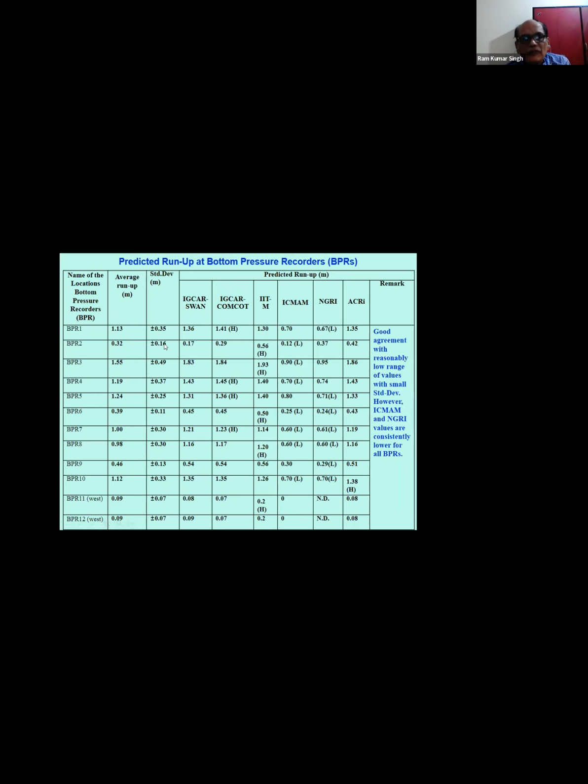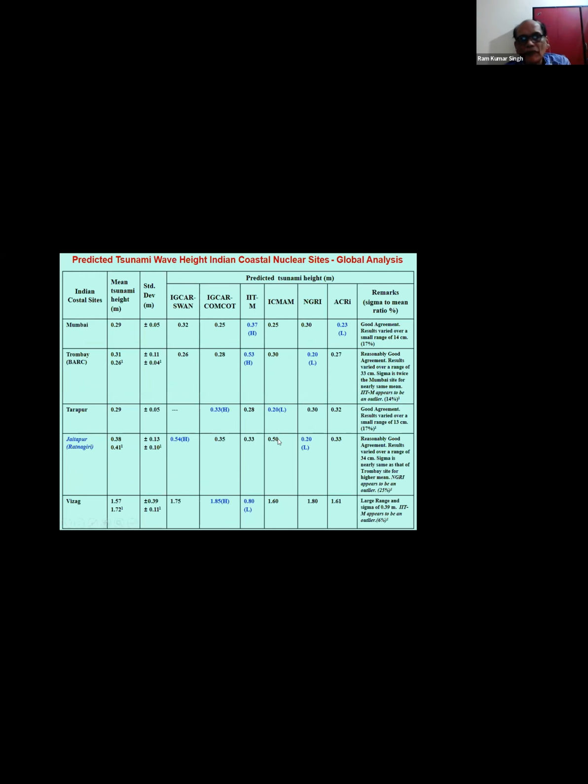And you see that in most of the cases, the average run-up predicted by various participants and as observed during the measurement were in agreement. And the ratio of the standard deviation to the average run-up was also reasonable, in most of the cases. Sometimes we also had to do some filtering, because some outliers were there, so we had to remove them.